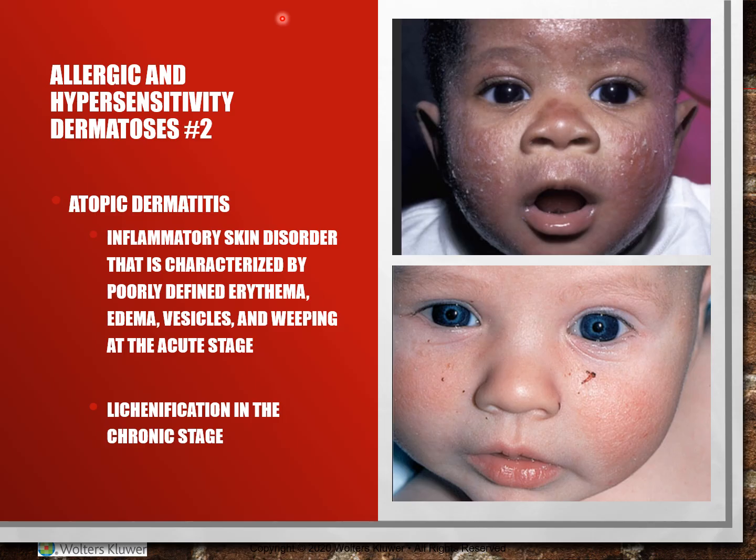We can use things like emollients. Emollients are topical agents that help to reduce dryness and soften those areas of eczema. Antihistamines topically can be used if those areas become itchy.